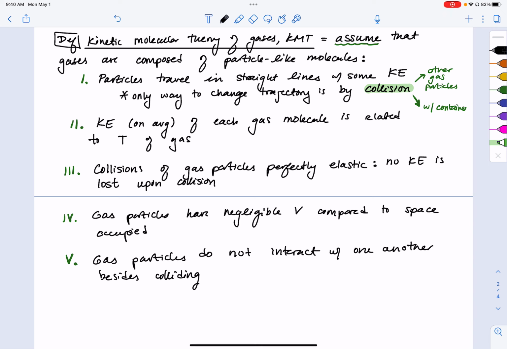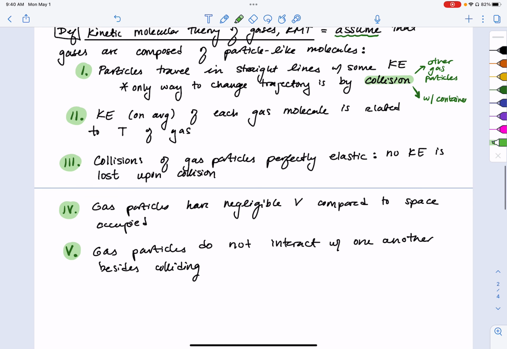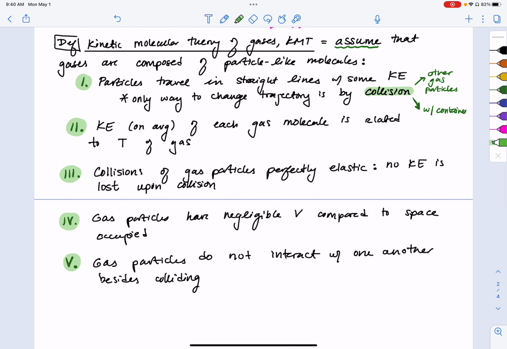Meaning there's no kind of attractive or repulsive force that exists between our gas particles. There's no kind of stickiness that's inherent to them. They're not going to cause or influence any change in one another. The only thing they're going to do is bounce off one another and then change trajectory. Not even their kinetic energy is going to be changed. So yeah, gas particles have negligible volume and they do not interact with one another beyond some kind of collision.